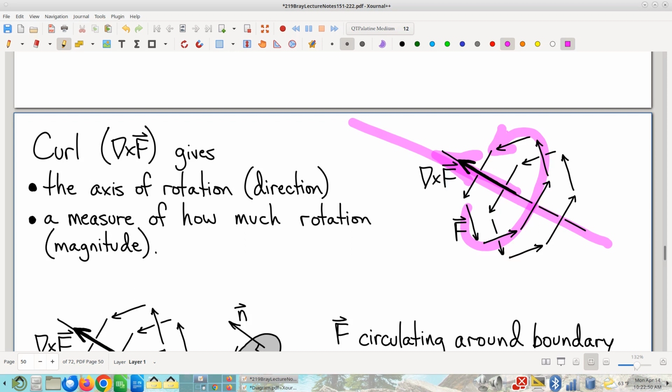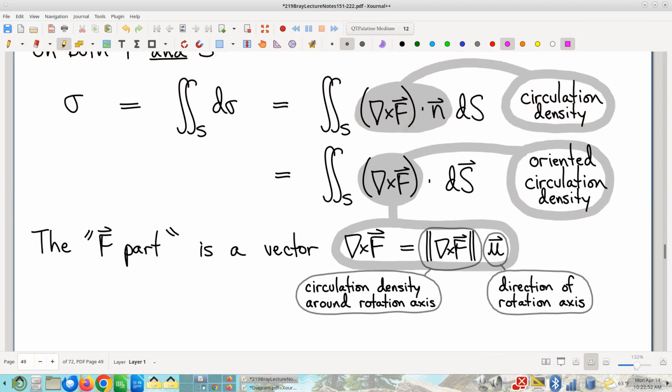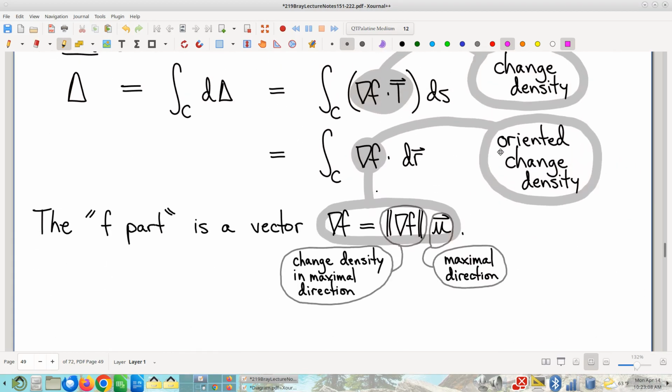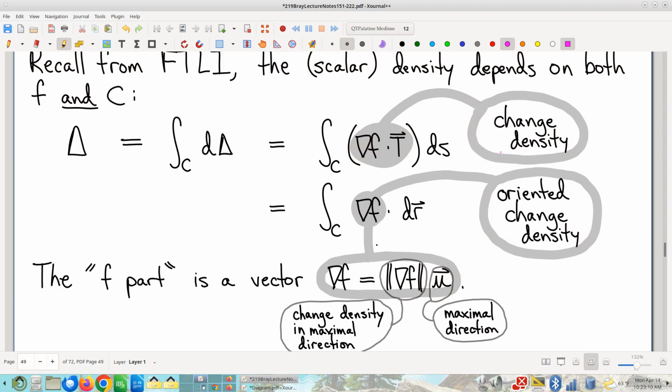And I'll remind you further, since we're already back here, this idea of thinking of curl as oriented density, the quantity in question being circulation, of course. So our oriented circulation density is morally equivalent, different particulars of course, to the idea of thinking of gradient as oriented change density.